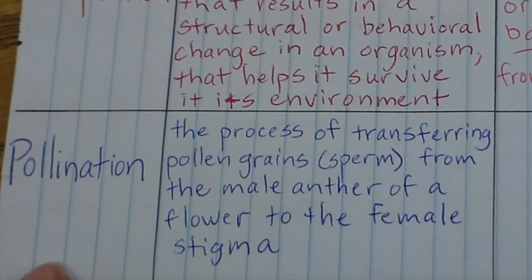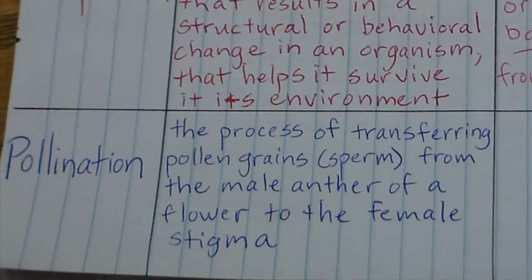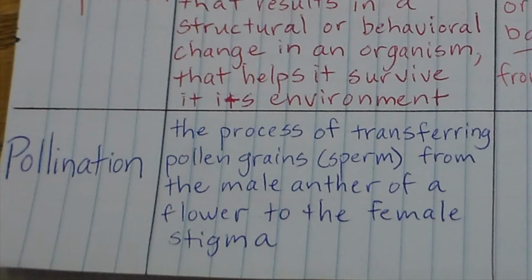Pollination is the process of transferring. The process of transferring pollen grains, which are actually sperm. So pollination is the process of transferring pollen grains from the male anther, that's a part of a flower, which we'll learn about.